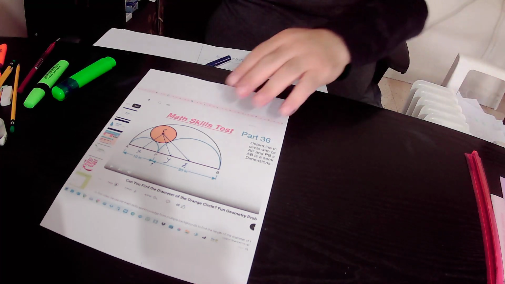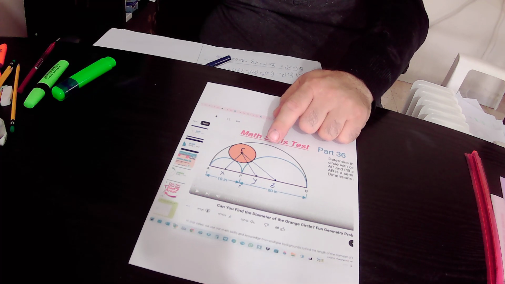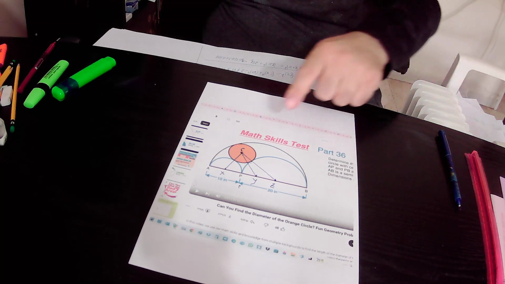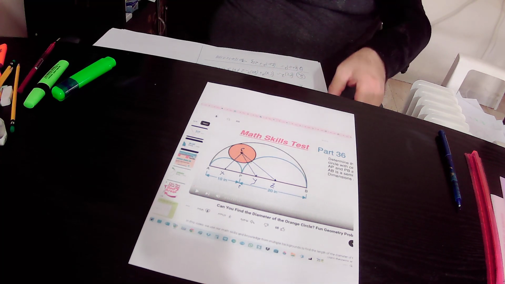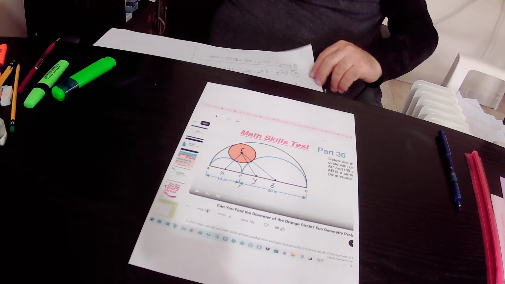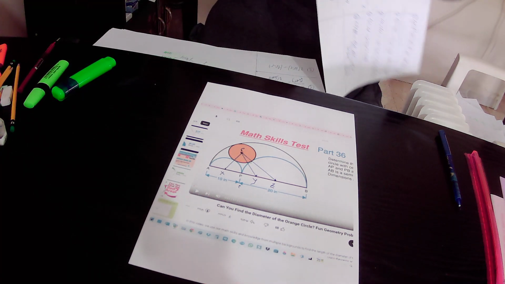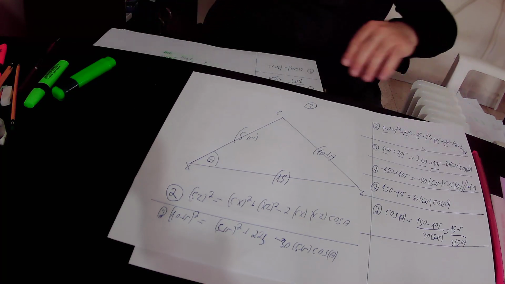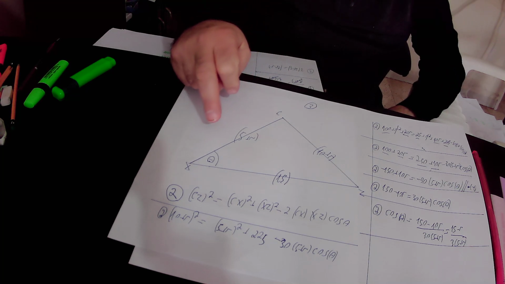Then I copied triangle CXZ in a new page, and we implemented the law of cosines in this triangle. This is triangle CXZ.